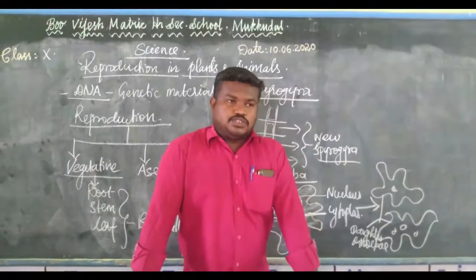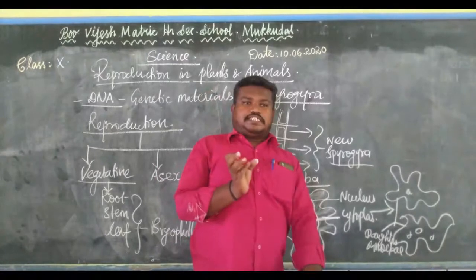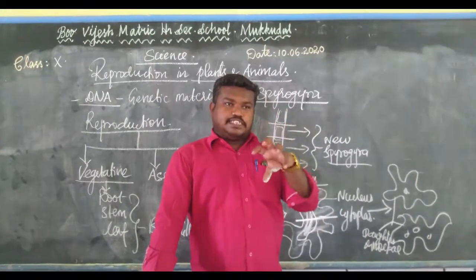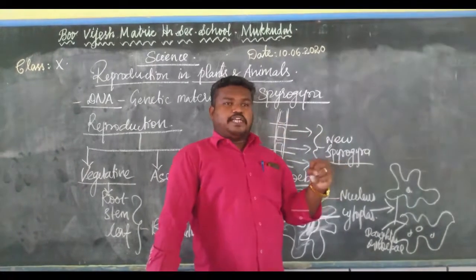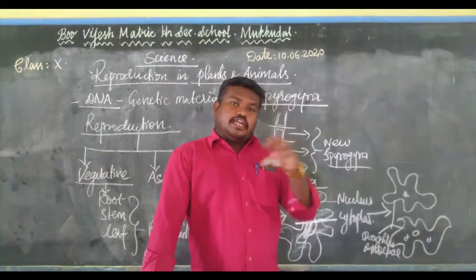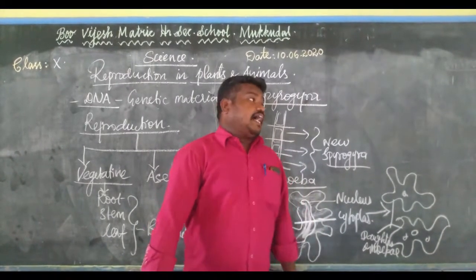Then budding. Budding means the mother plant produces buds. After the maturation of the buds, they detach from the mother plant and become an independent life, or produce new organisms. It can be seen in hydra.